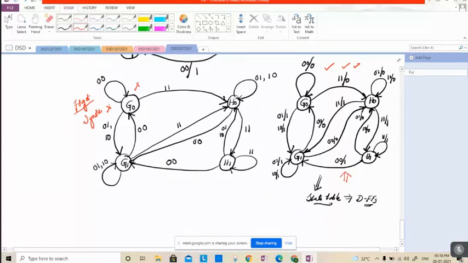There are 4 states here: G0, G1, H0 and H1. If you want, you can give other names also.